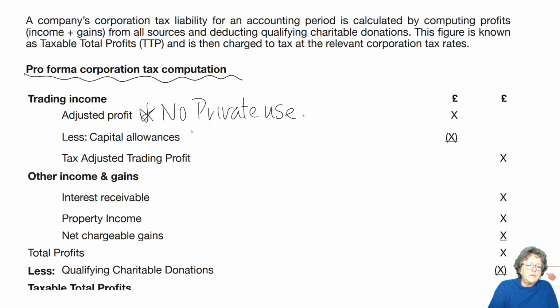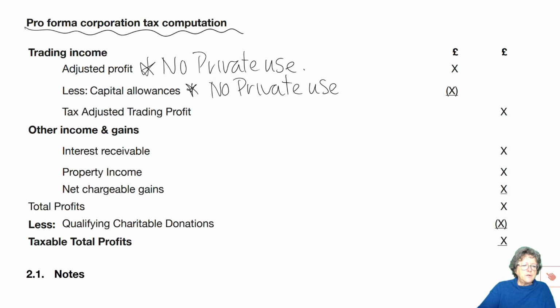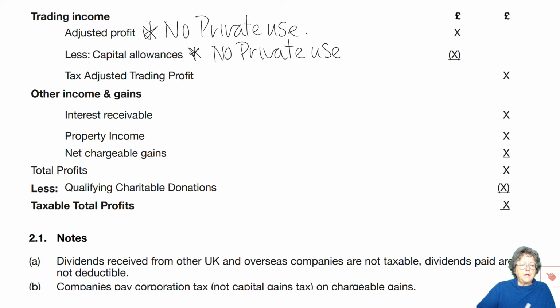Capital allowances is exactly the same as it is for an individual, except for the fact that there is no private use. Companies do not drive cars. So those rules we have discussed in previous chapters, and you need to go back and read those and make sure you understand them. So it looks very much like an income tax computation in that sense.